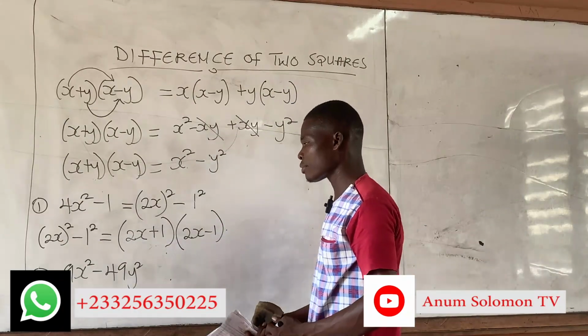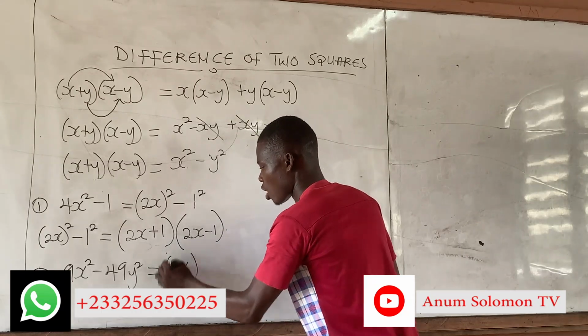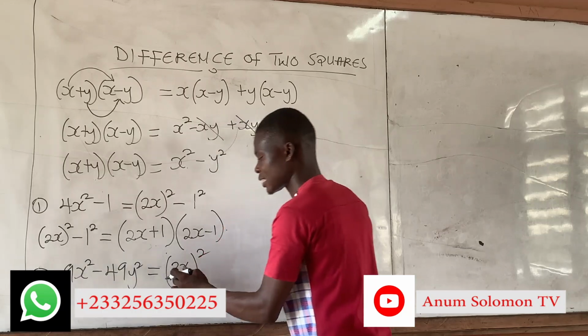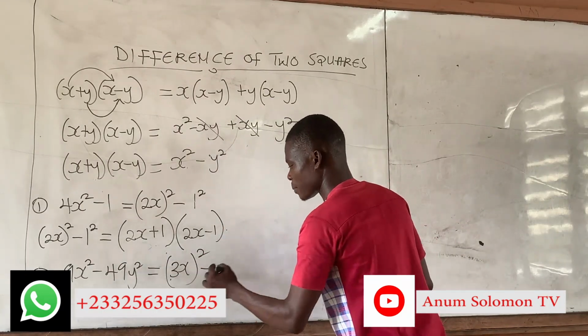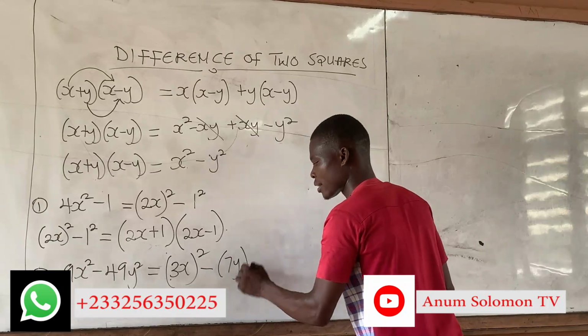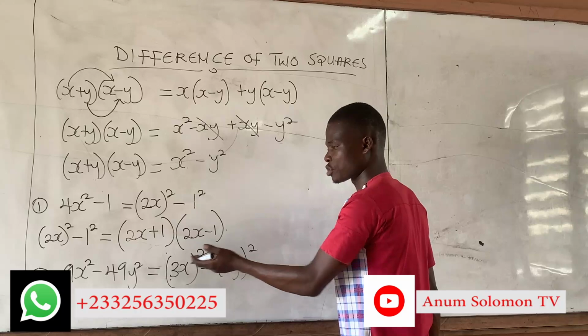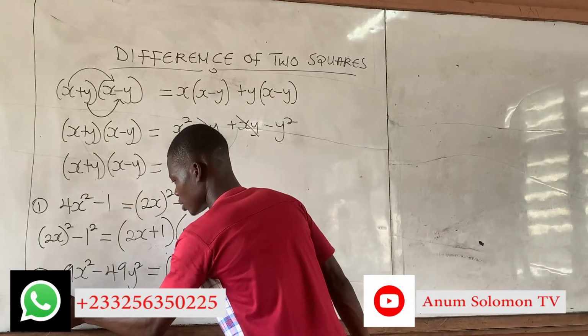So now let's rewrite this expression as (3x) all squared, meaning the perfect square root of 9 is 3, power 2, minus 49, whose perfect square root is 7, so we have (7y) all squared. So you see it has become difference of two squares.